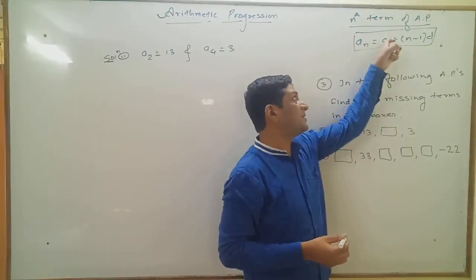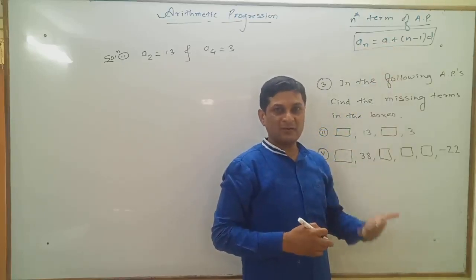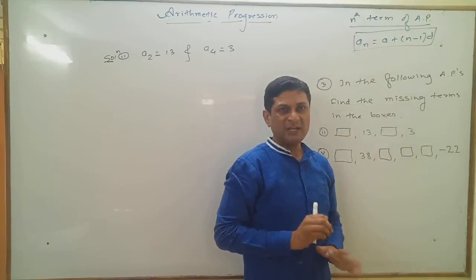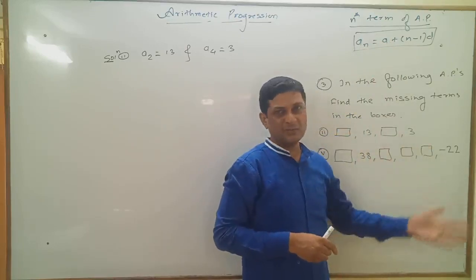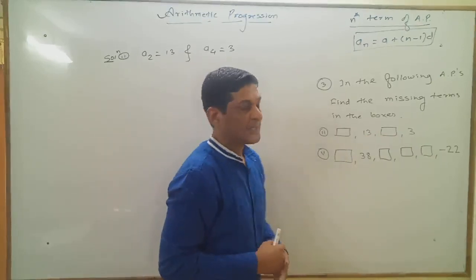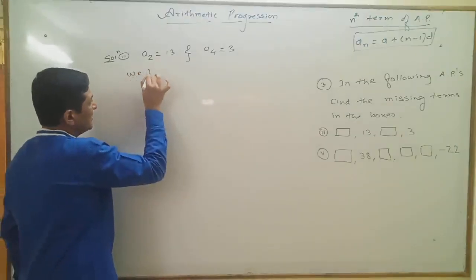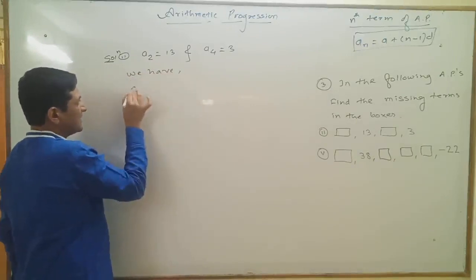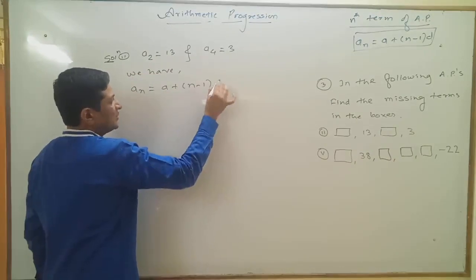The first term is denoted by a. So first we are trying to find the value of a and later on we are trying to find the value of d. If a and d are known to us, we are able to find all the possible terms in this arithmetic progression. So we have one formula to find the nth term. The nth term is given as a plus n minus 1 into d.